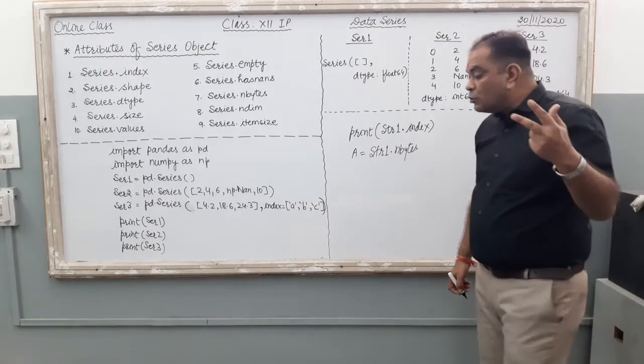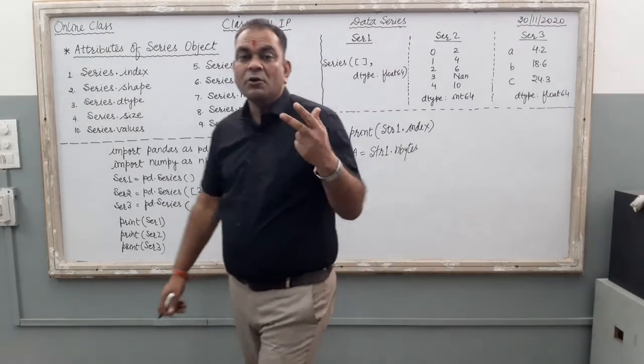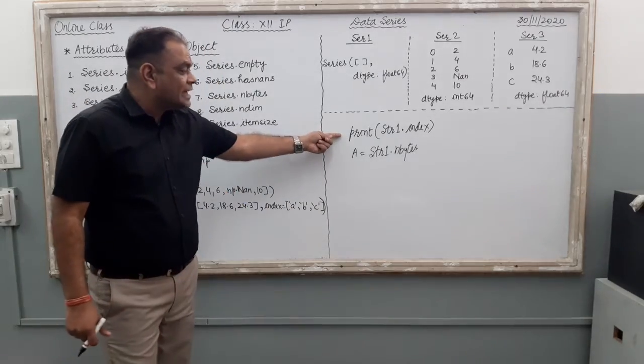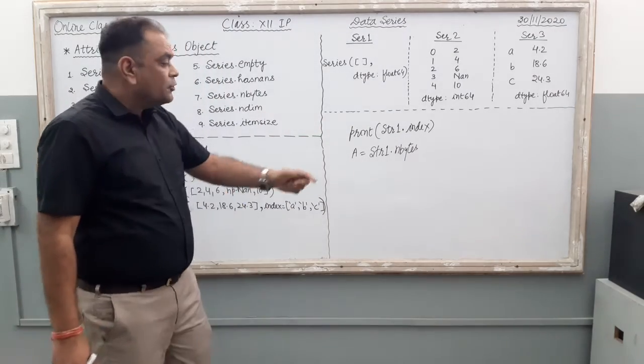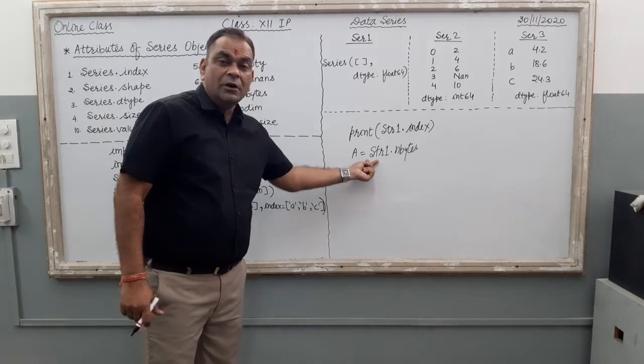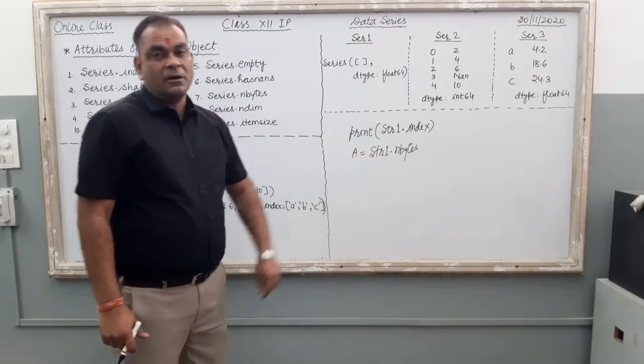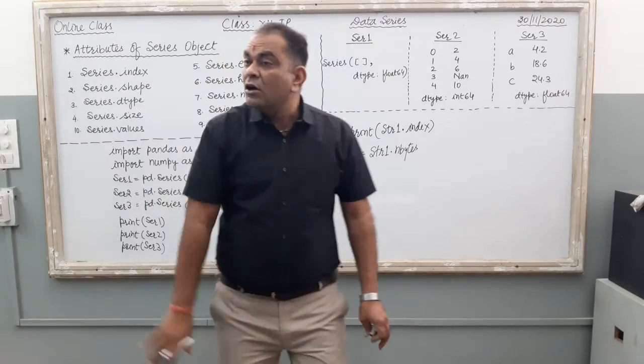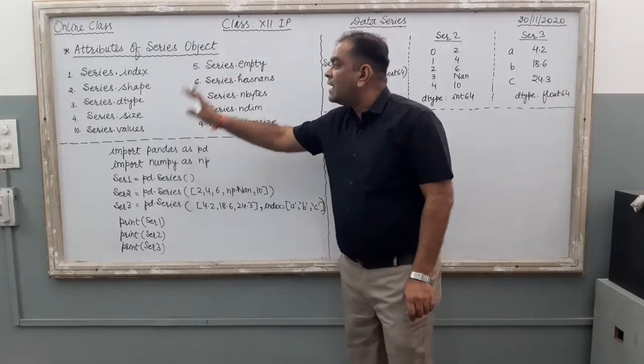These are the two different uses of the attribute of the series. Either you can use the series attribute with the print command, or you can store the attribute value in a variable also. Clear? So, what are these 10 different attributes?